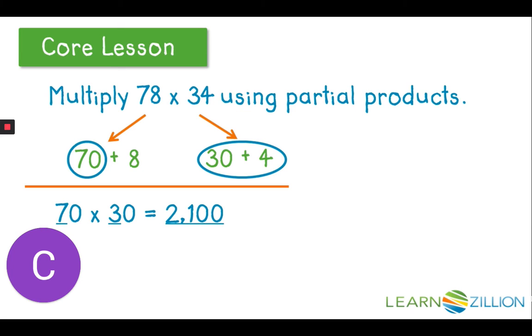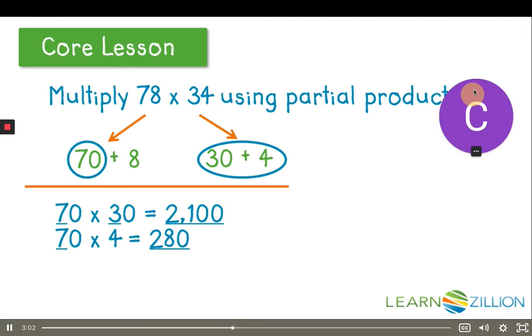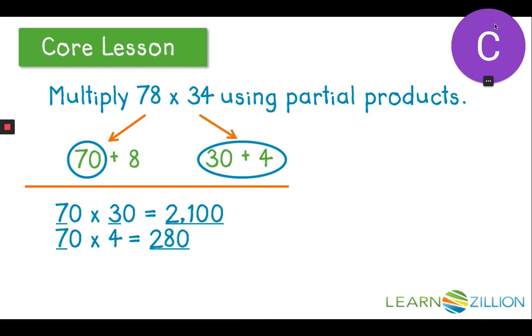Now we'll multiply 70 times the 4 in 34. 70 times 4 is 280. Again, I know that 7 times 4 is 28, but we need to make that number 10 times bigger to become 280. We'll move on to the 8 and multiply the 8 times each digit in 34.